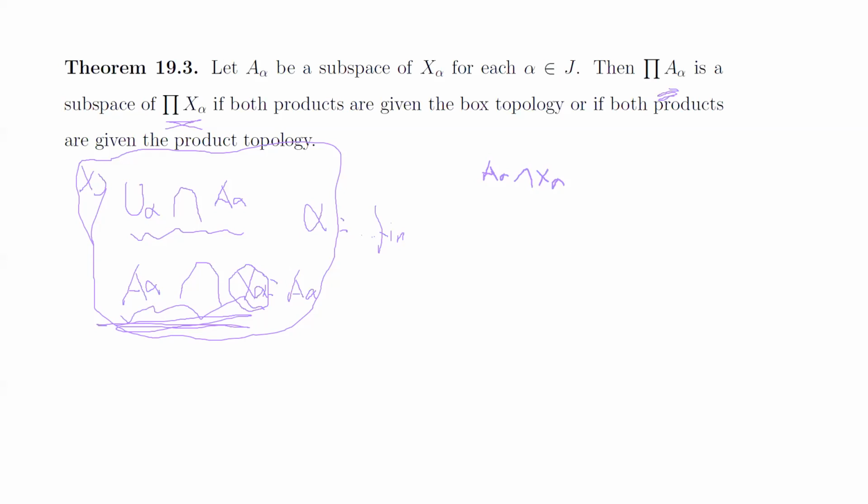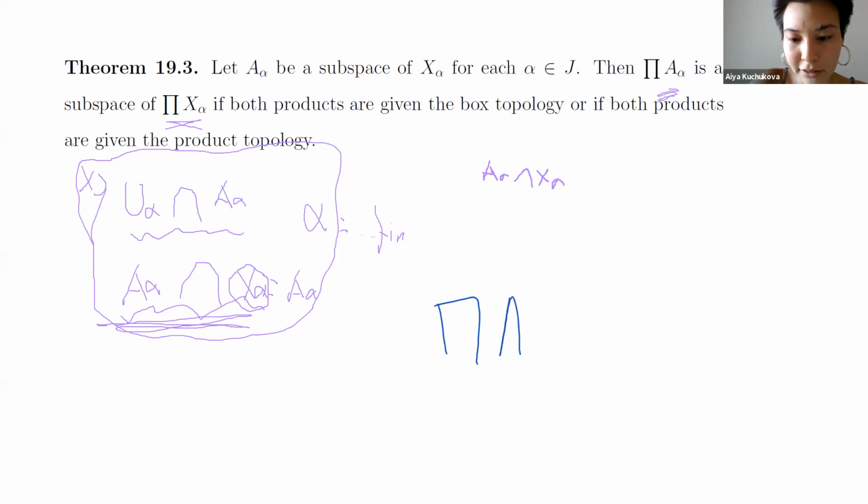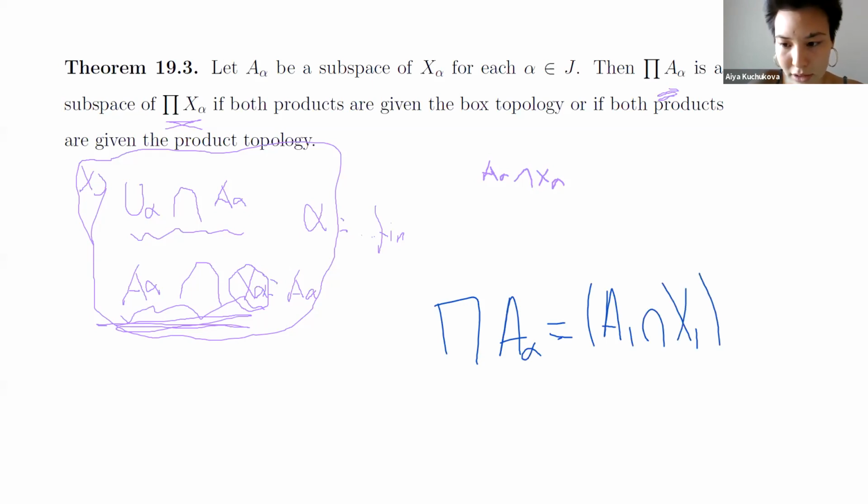So you're saying the cross product of A alphas is equal to, say, A1 cross A2 and so on, right?